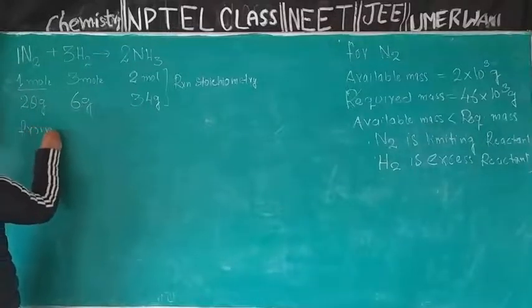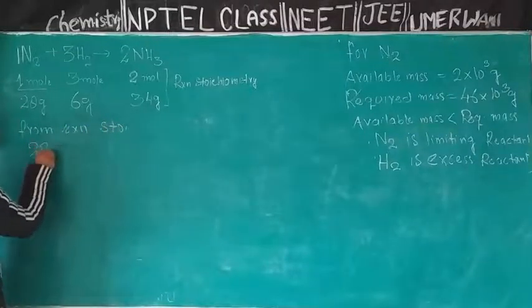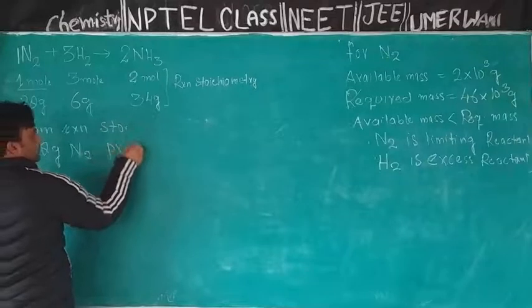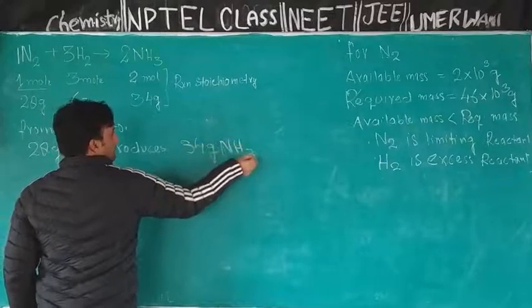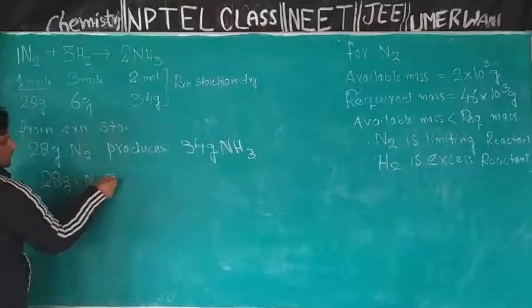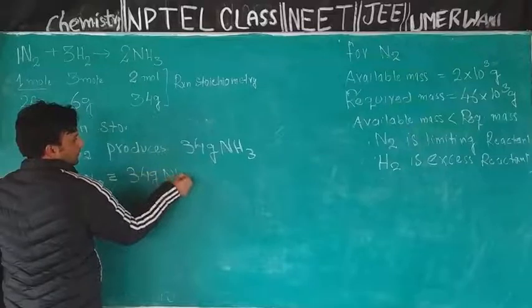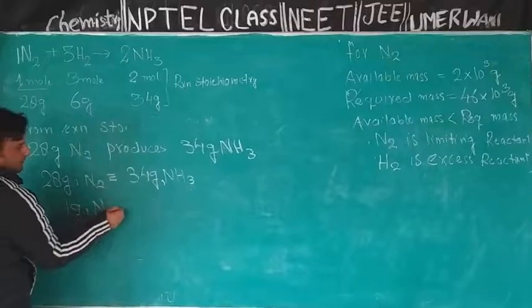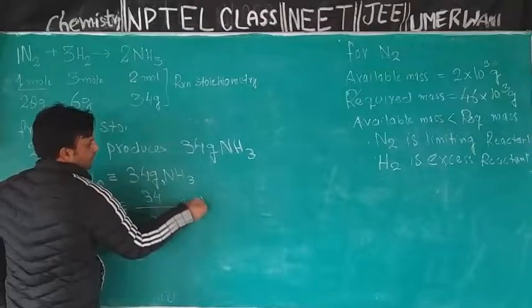So 1 gram of nitrogen will produce 34 divided by 28 grams of ammonia.